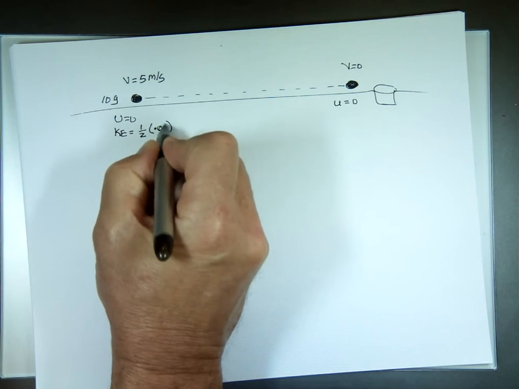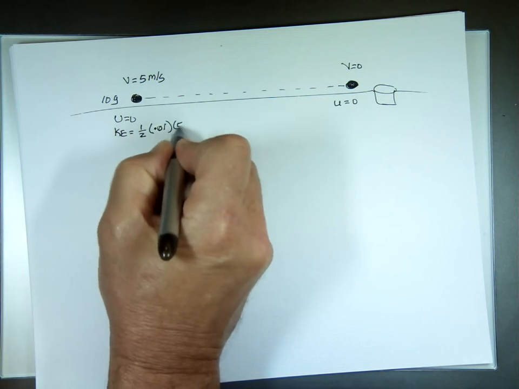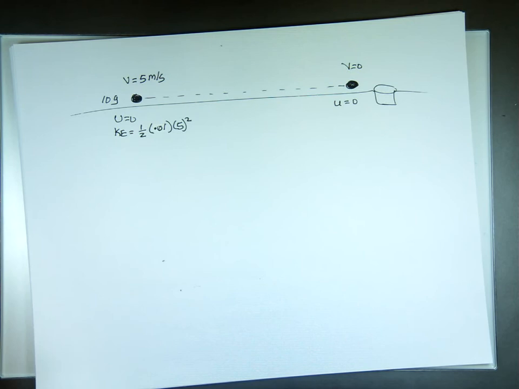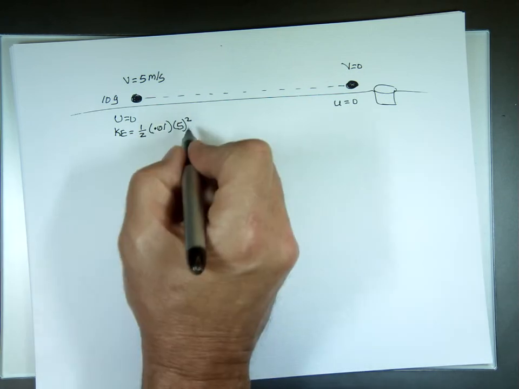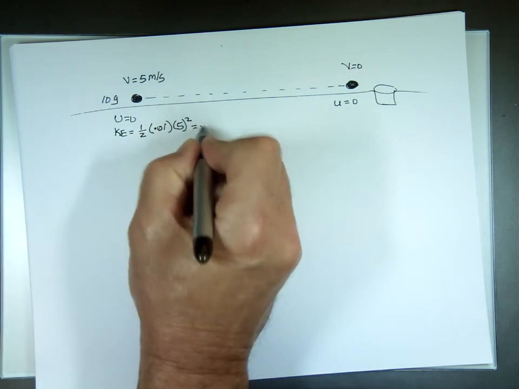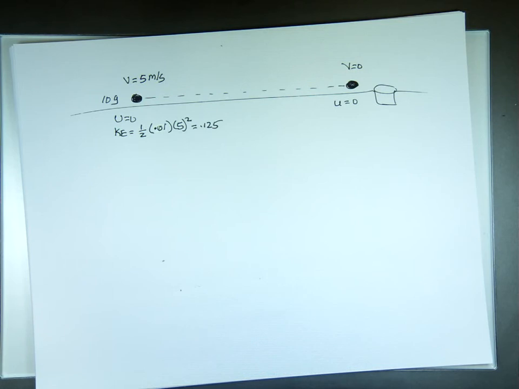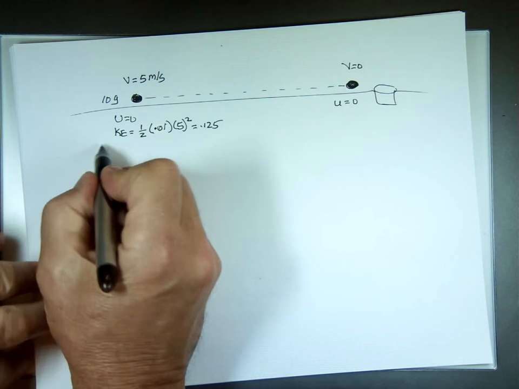Velocity is 5, and you square it. 0.125, I think. I think that's 0.125. So what's the total energy there?